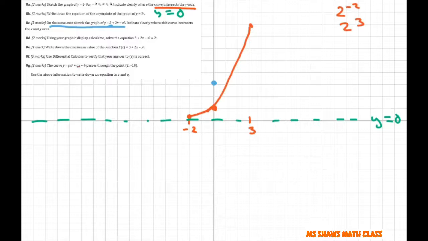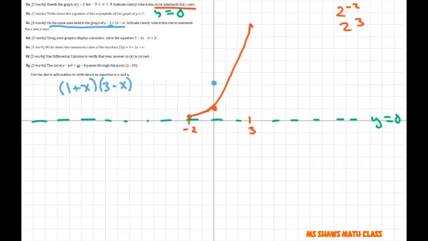So let's just get our intercepts and factor this. If you factor this, this would be 3 or 1 plus x times 3 minus x, I believe.